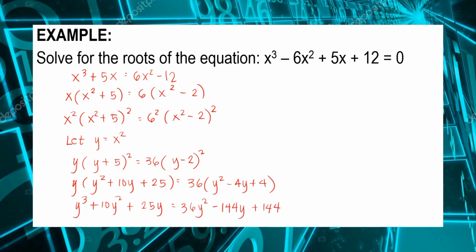Then, let us combine the similar terms. So this will be y cubed, 10y squared minus 36y squared, so this will be negative 26y squared. Then 25y plus 144y, so this will be 169y, and minus 144 equal to 0.